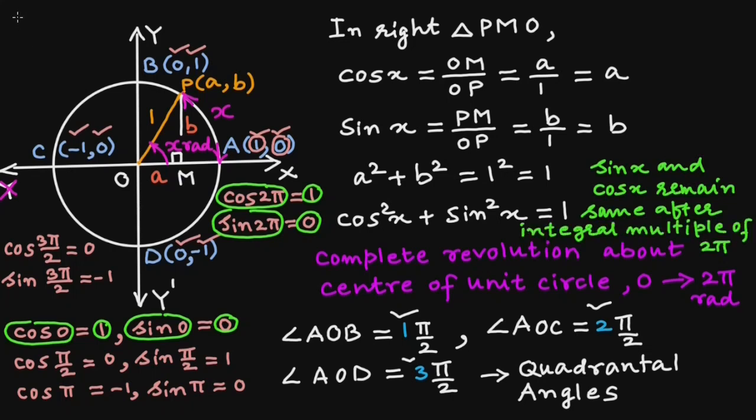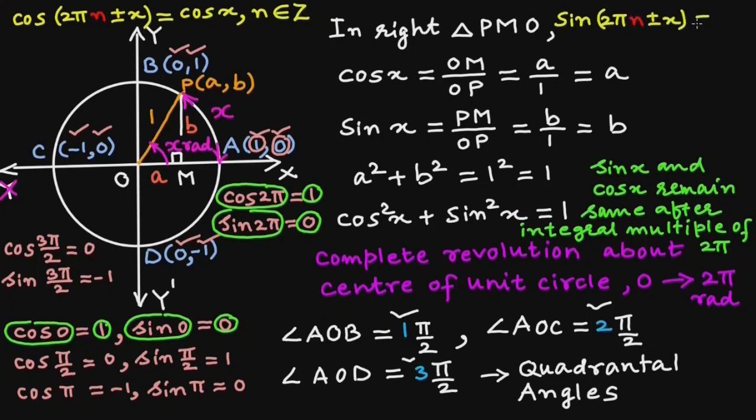Therefore, cos of (2 pi n plus minus x) is same as cos x, where n is an integer. Similarly, sin of (2 pi n plus minus x) is same as sin x, where n is an integer.